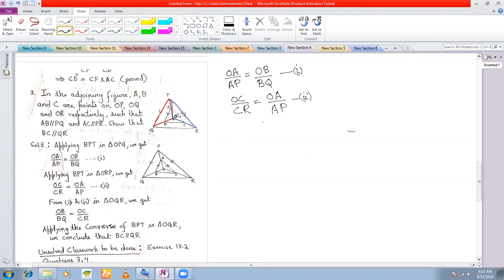You have applied BPT in the two triangles. Now what do you see from 1 and 2? From 1 and 2, you see that you have got OA by AP same in the 2. So from 1 and 2, I can write OB by BQ is equal to OC by CR. So what does this relation mean?